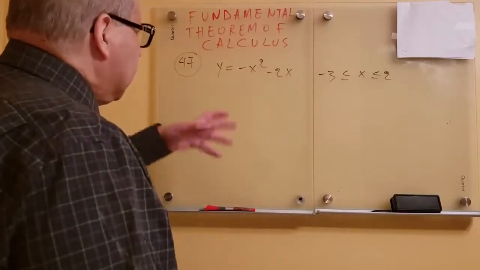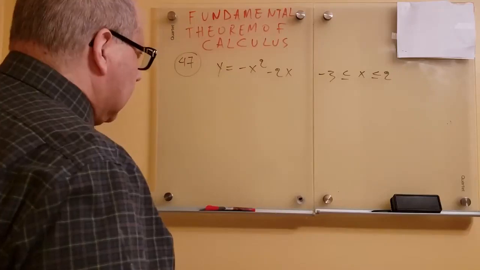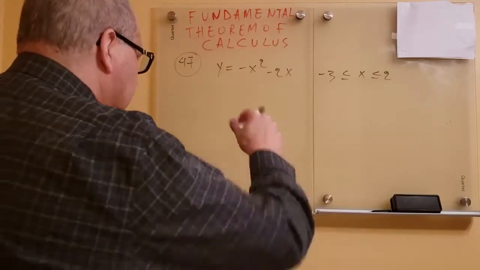So what we'll do here, if you want, we can do a small graph, because you have to know how the graph looks in order to solve this kind of problem.